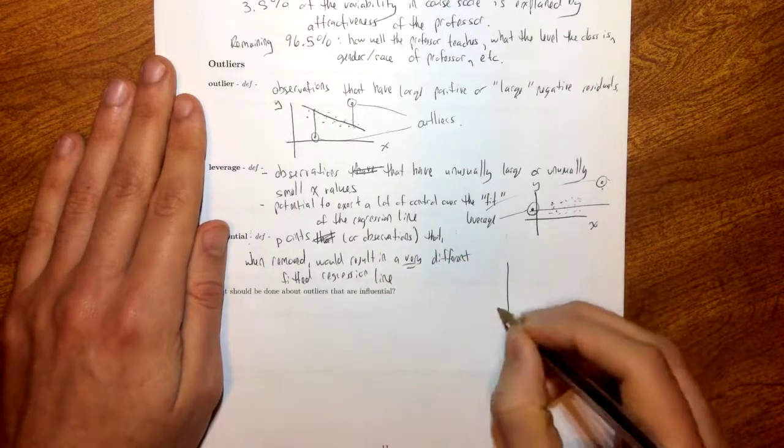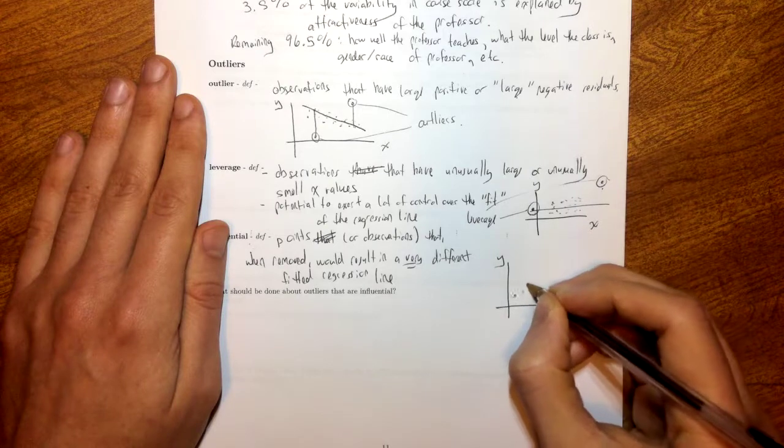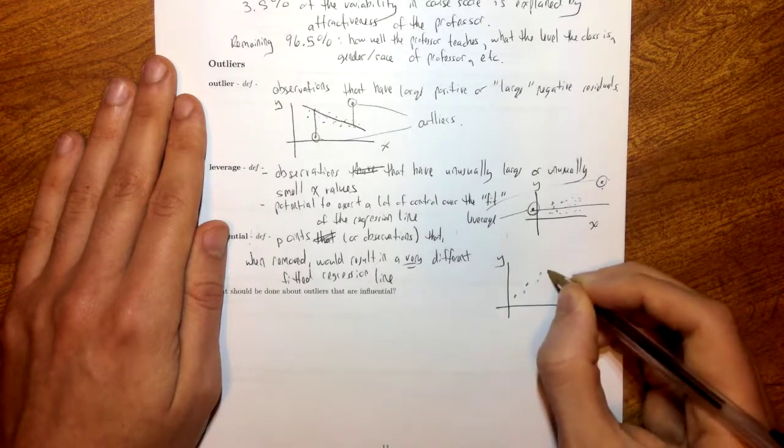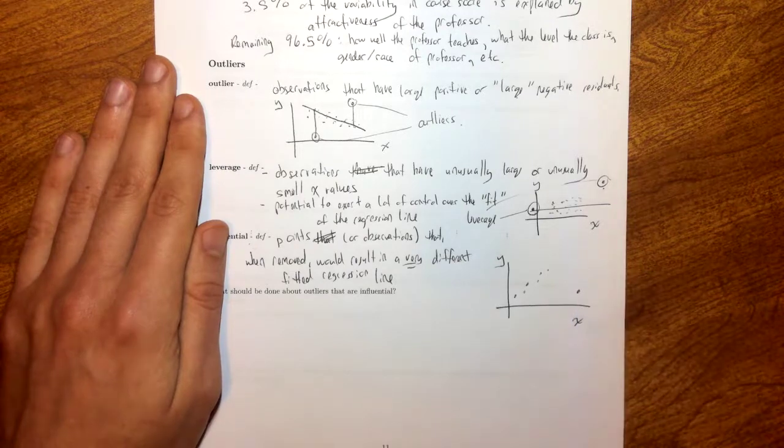For our example, I'm going to draw a scatter plot with maybe some points like this, and maybe a point down here.